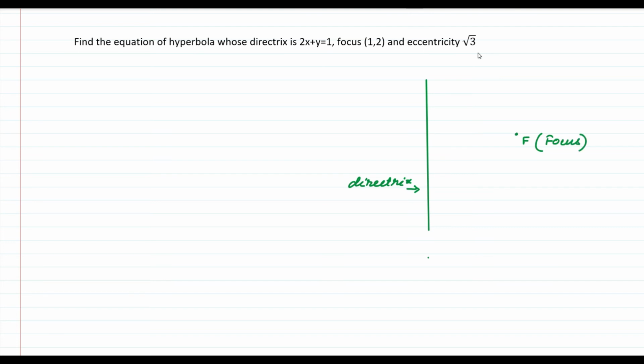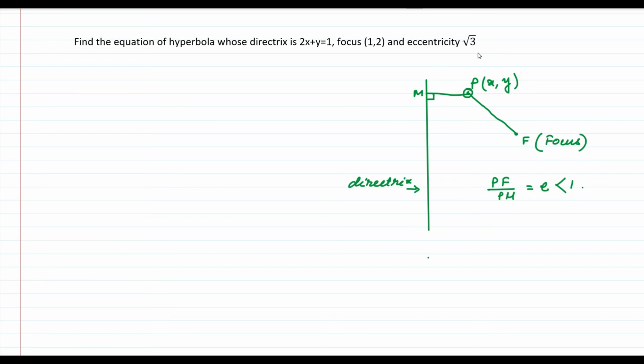Now for any point P with coordinates x comma y on the curve, if we draw the perpendicular to the fixed line, then the ratio PF by PM equals e, the eccentricity of the curve, and when this eccentricity is greater than unity, the locus of the point P gives a hyperbola.